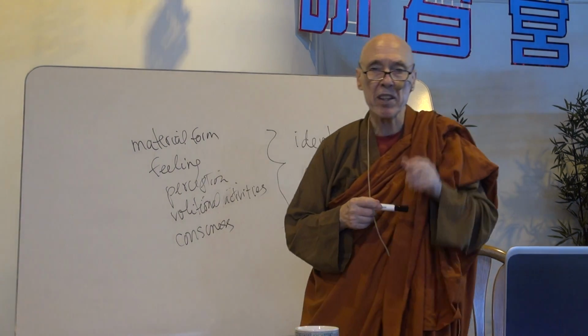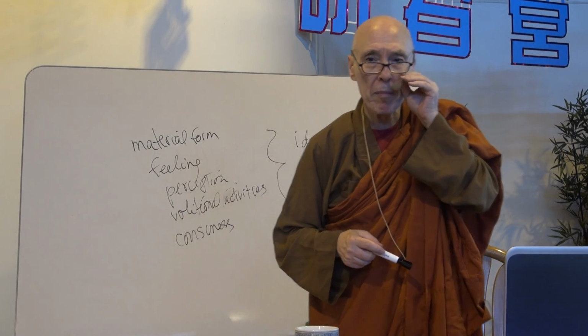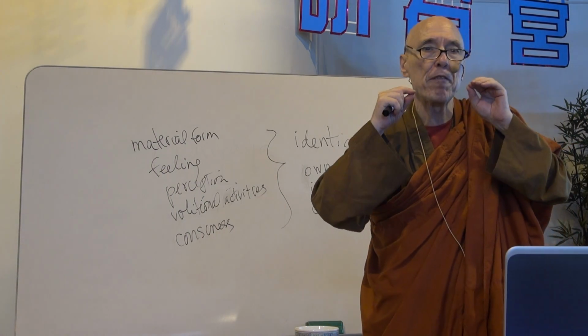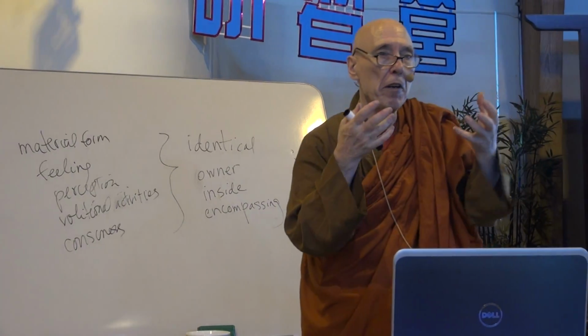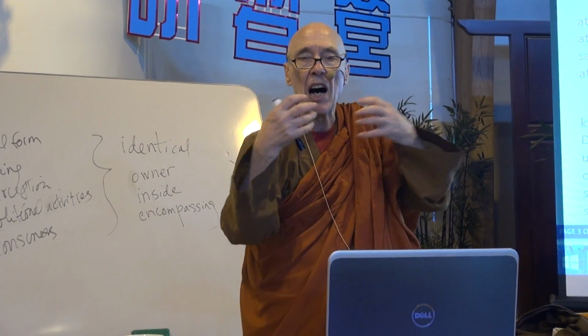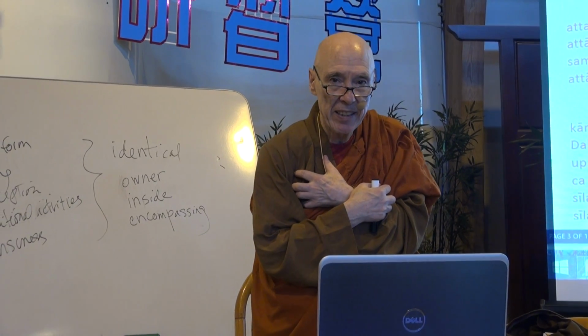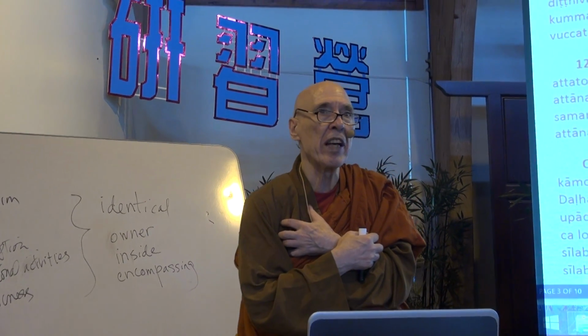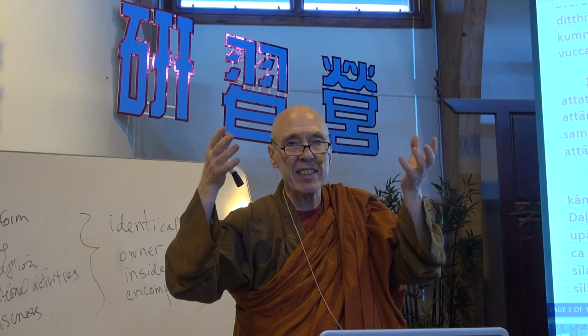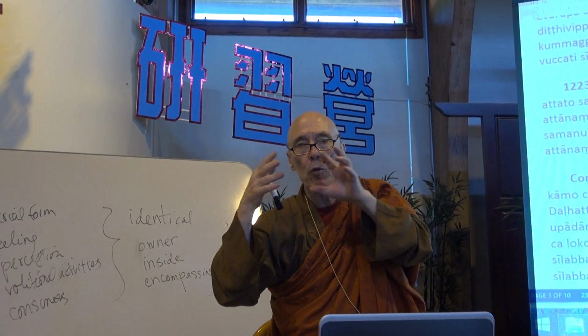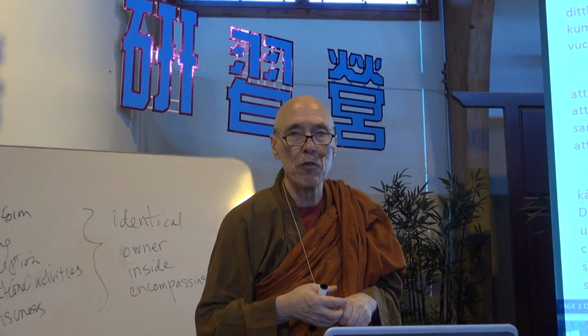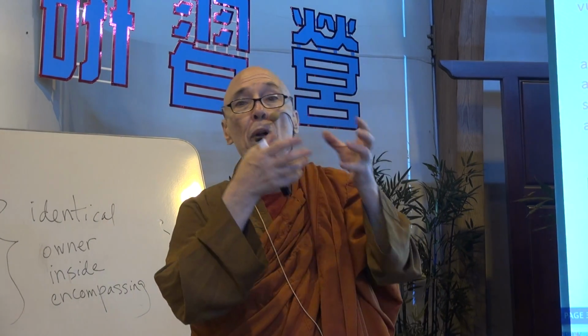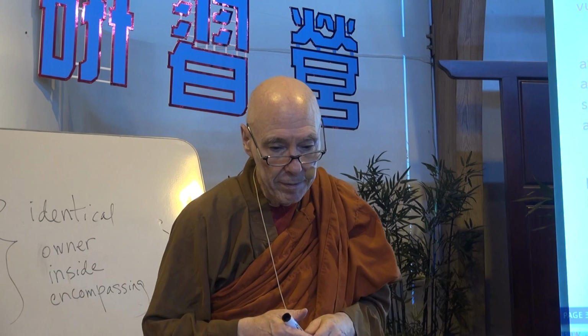so, for example, in regard to material form, one can regard the self as identical with material form. I am the body. Or one can regard the self as the owner or possessor of material form. The self is one thing, the body is another, but the self is the owner and material form belongs to the self.